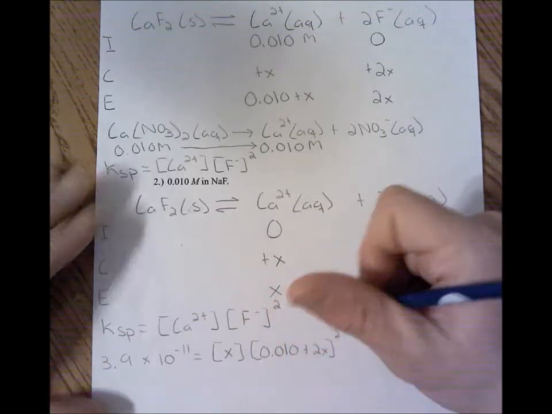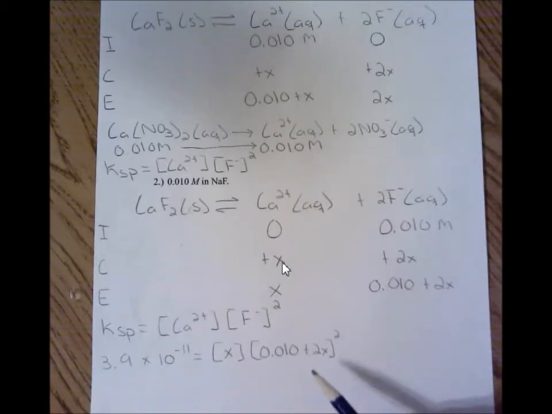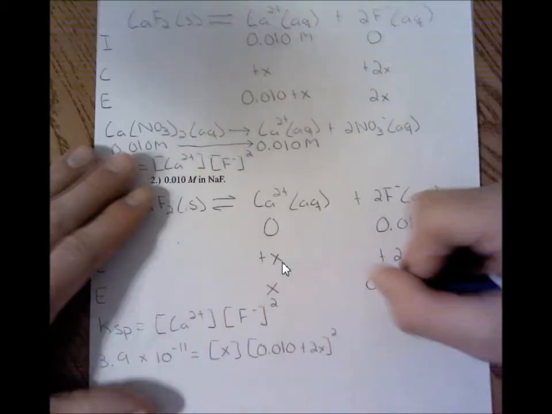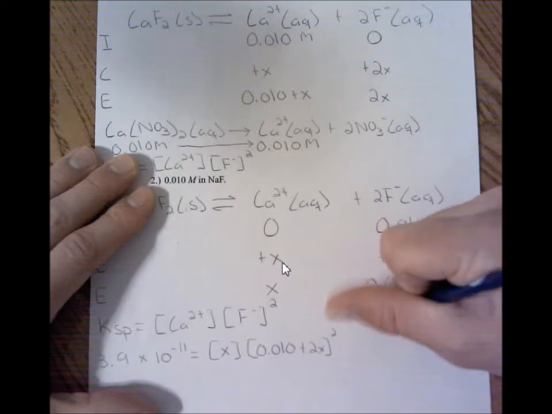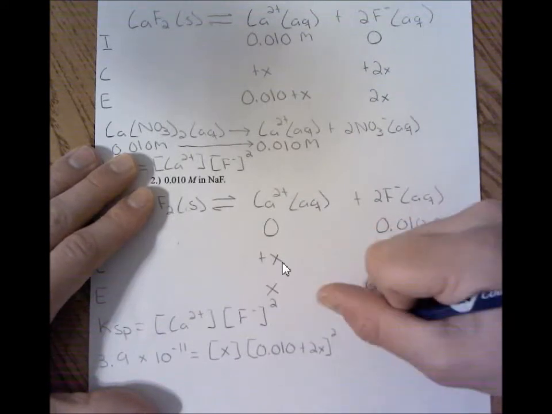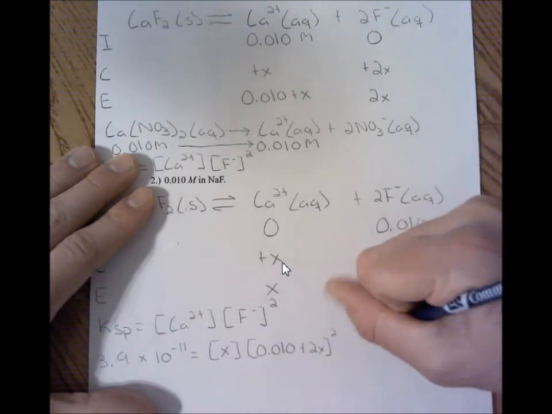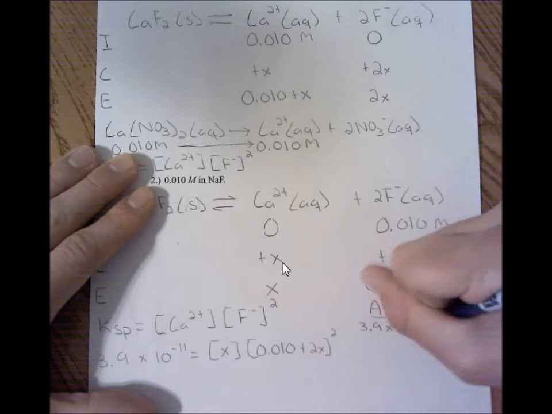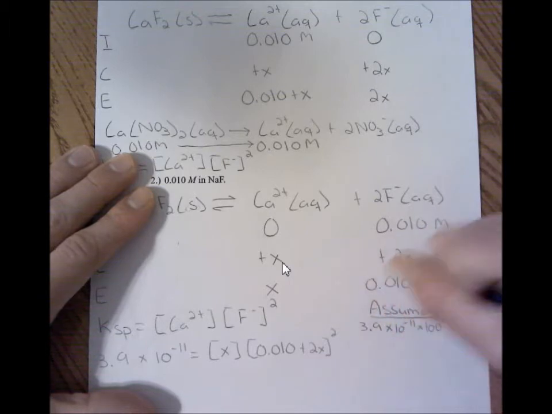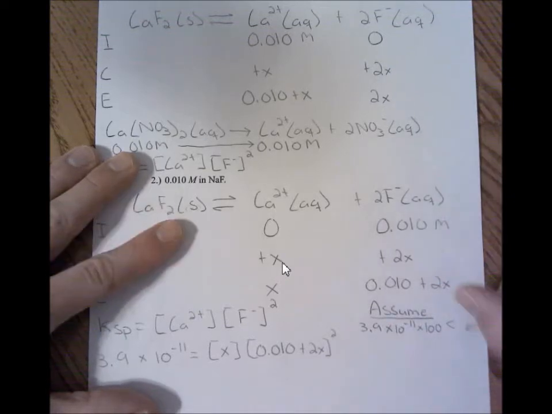Now, it gets pretty ugly unless we make an assumption. Our assumption, once again, we have to write this out: we're assuming our Ksp times 100, so 3.9 times 10 to the negative 11th times 100, has to be much, much smaller than our original value for our fluoride, which was 0.010.